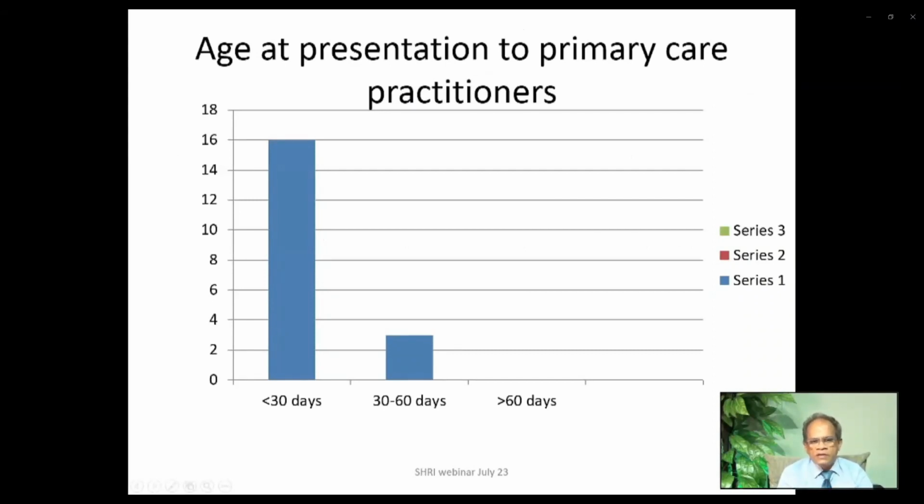The patients came to the doctors because they knew these children were very jaundiced, beyond the normal range of physiological jaundice. But in terms of age at operation, less than a quarter of the patients underwent the procedure before 60 days.